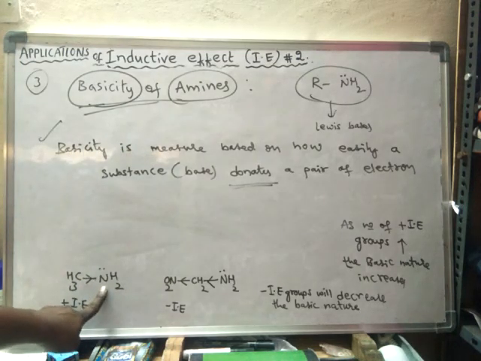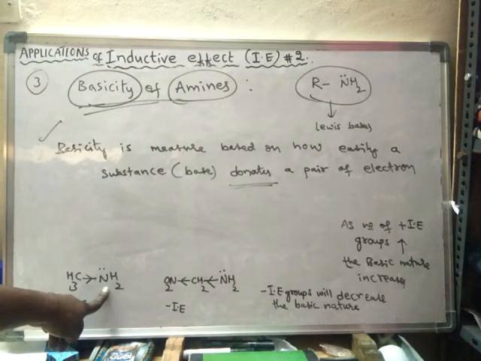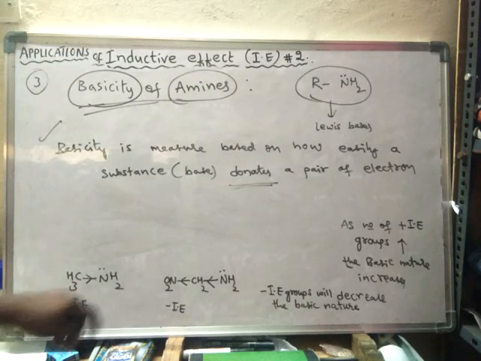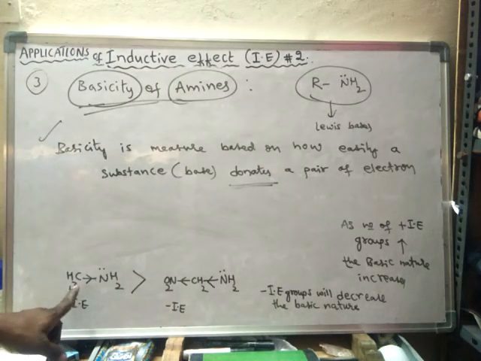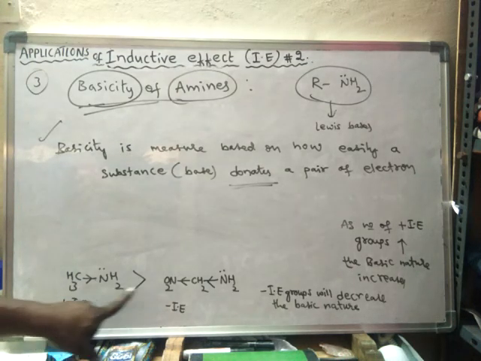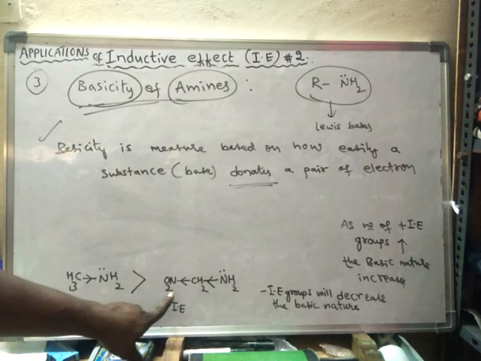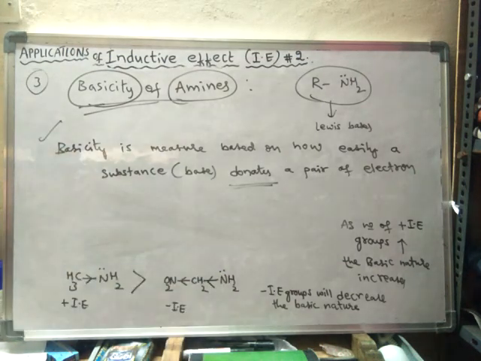Therefore electron density on nitrogen increases, and the nitrogen will readily lose electrons to another atom. Hence it acts as a strong base. So the basic nature of methylamine is more when compared to nitromethylamine.